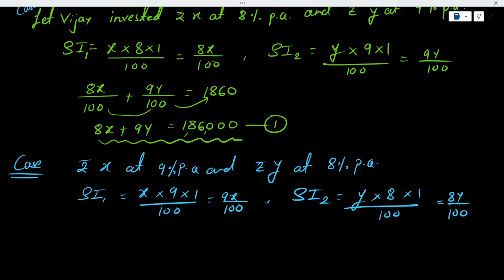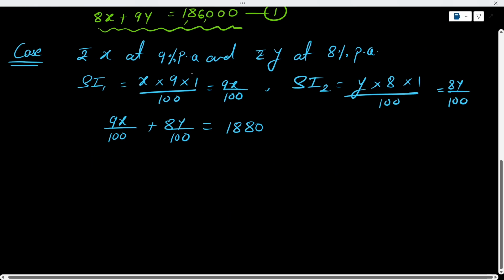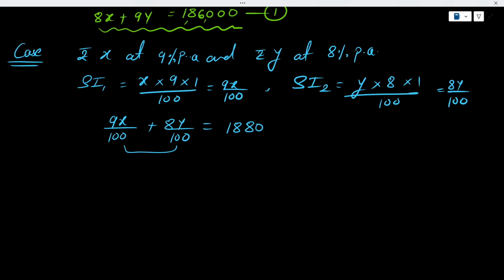Now what is your equation? 9x by 100 plus 8y by 100, and 20 rupees more means it will be 1880. Initially it was 1860, it will become 1880. Again 100 is common, you can take it to the right side. So 9x plus 8y is equal to 1,88,000. This is your equation 2.